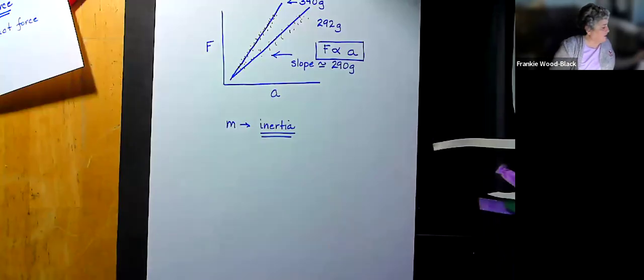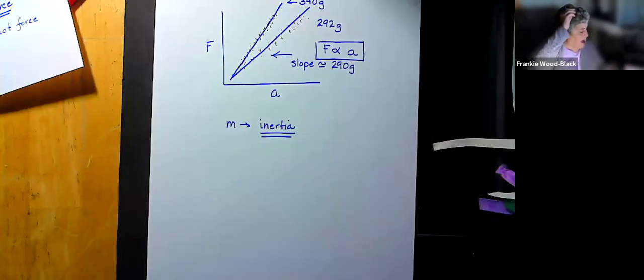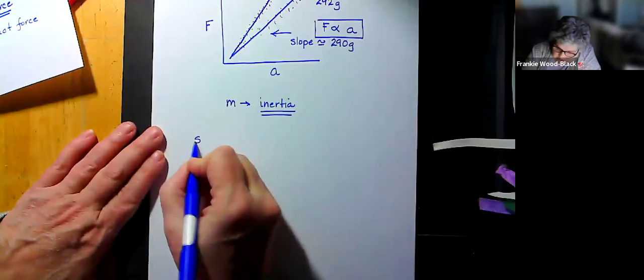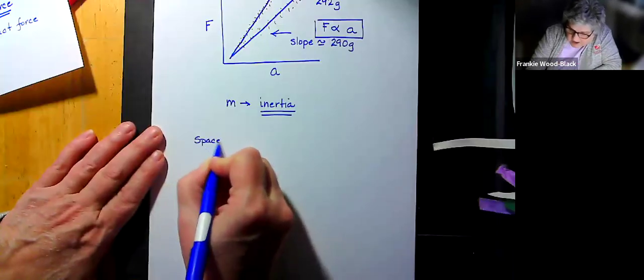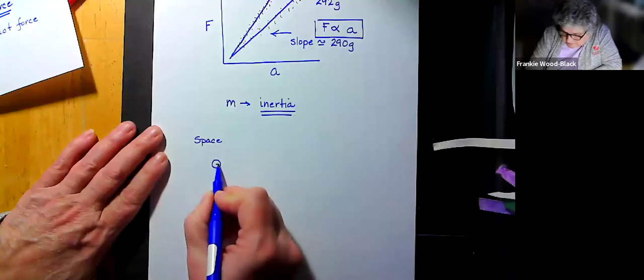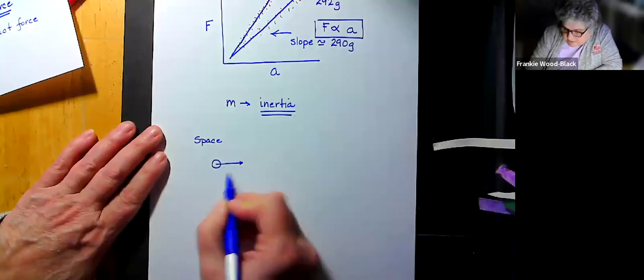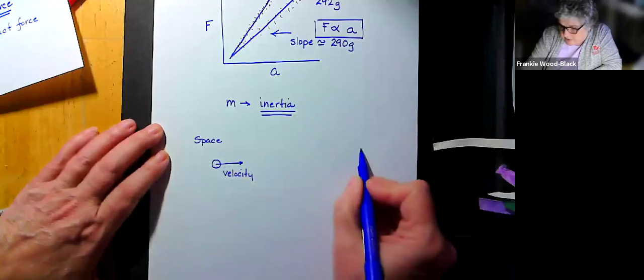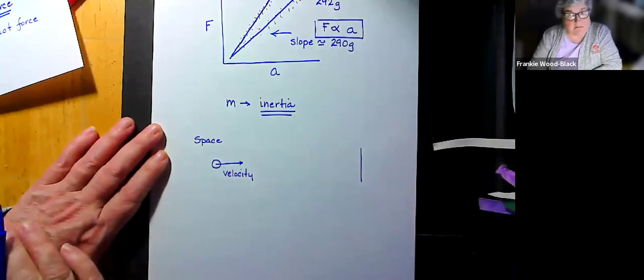But what we're also going to do is we're going to look at what happens if I'm in space, and we've seen this happen all the time, right? If I'm in space and I toss a ball and it's moving at a velocity, we know that that ball is going to keep moving until it hits something.